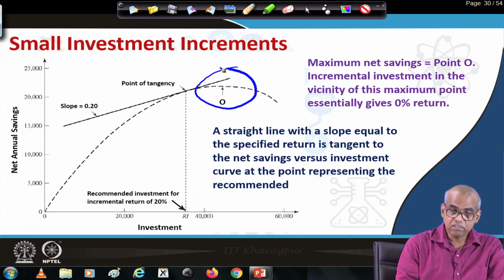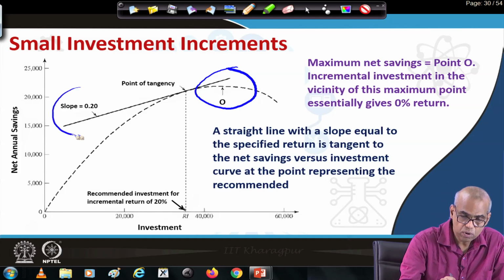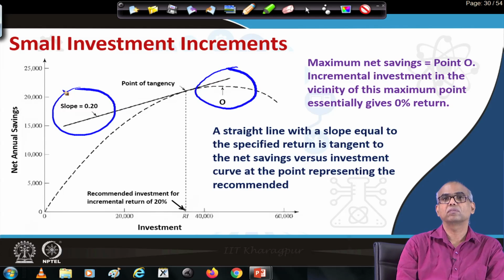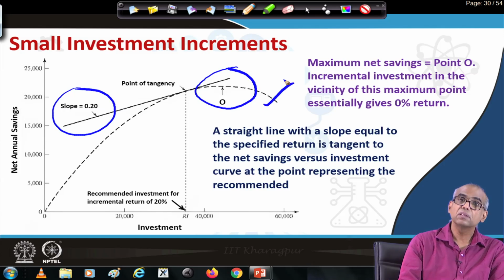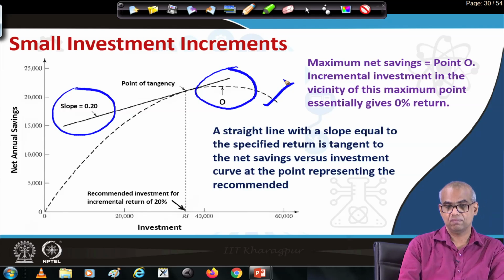So, I draw a straight line with slope 0.2 and find out the point of tangency of this straight line on the curve of net annual savings versus investment.